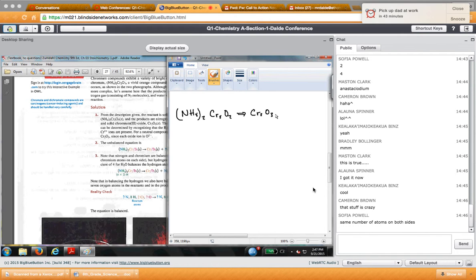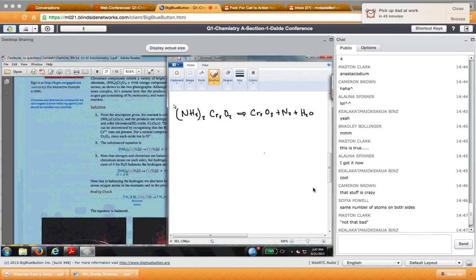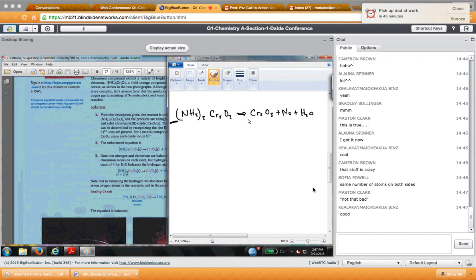It yields nitrogen, N2, and it yields H2O as a gas. Sound good? The problem is there's supposed to be numbers out in front here, and we don't know what those numbers are. So we have to figure out what those numbers are. That's it.